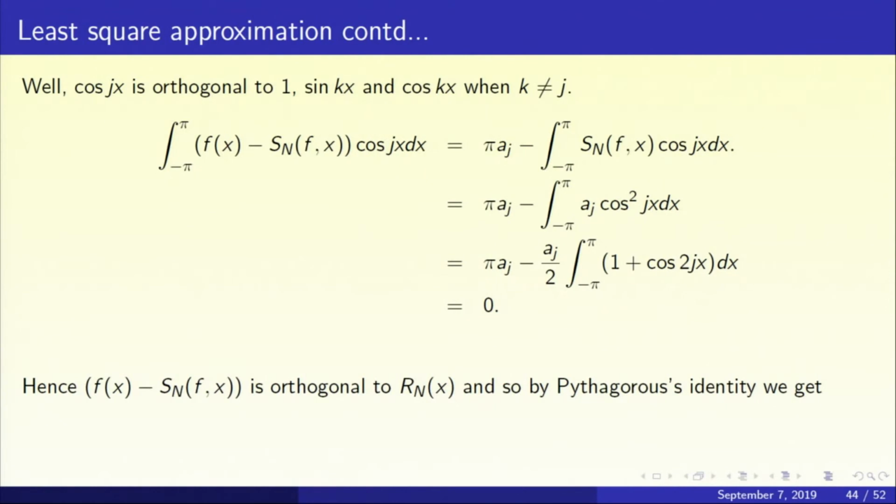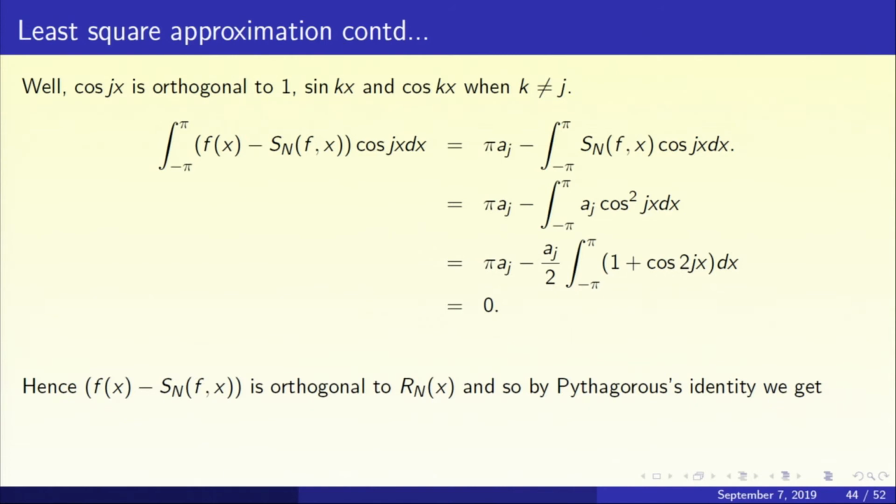So let us now begin. Cos jx is orthogonal to 1, sin kx and cos kx when k is not equal to j. So let us now calculate the inner product of f(x) minus Sn f with cos jx. I'll get two terms. One is the integral from minus pi to pi of f(x) cos jx. But what is that? That's exactly pi times aj from the formula for the Fourier coefficient, remember? And the second piece is what?